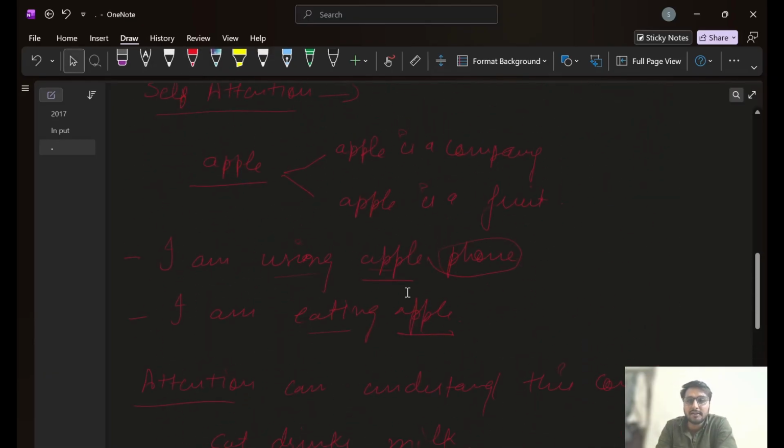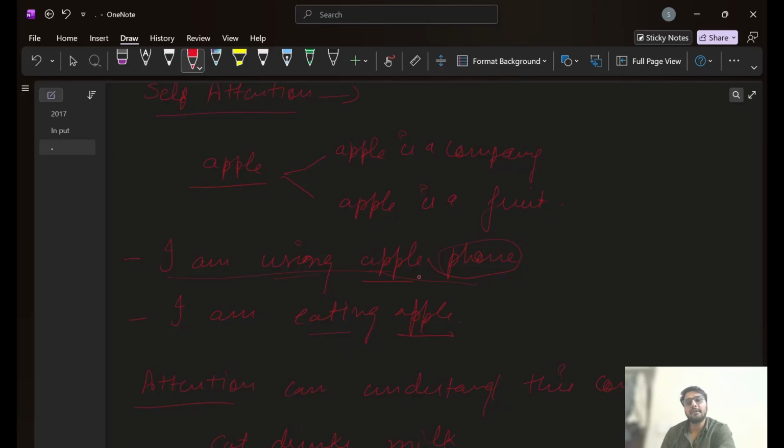For example, in the first sentence example we were discussing, using attention we are focusing on each and every word: apple is referring to what, phone, I, what, is M referring to I or apple. So attention is basically looking at each word to see which word is more important to the current word that it is looking at.